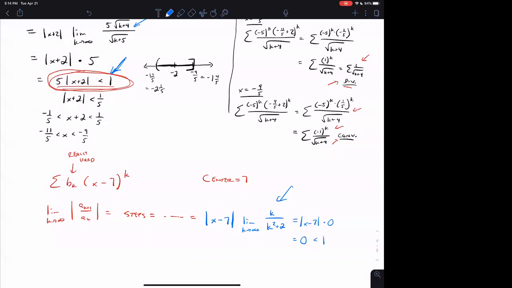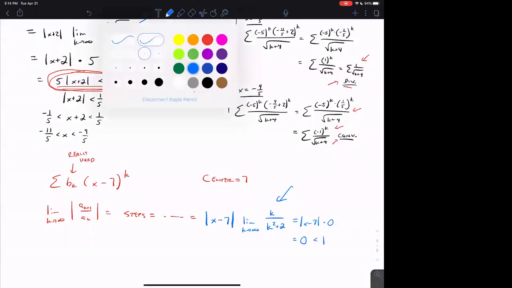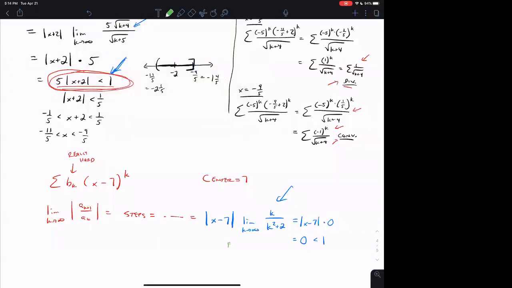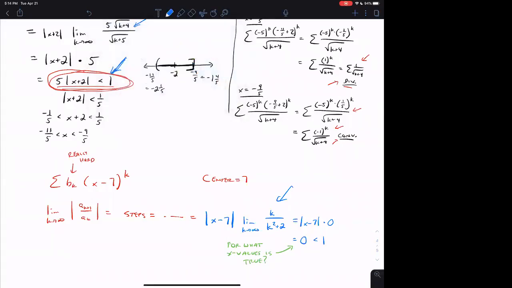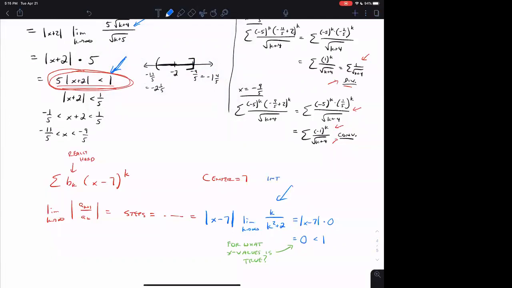And you're trying to figure out for what x values is that true. So how often is 0 less than 1? Always. And so if that's the case, then the interval of convergence is all real numbers.